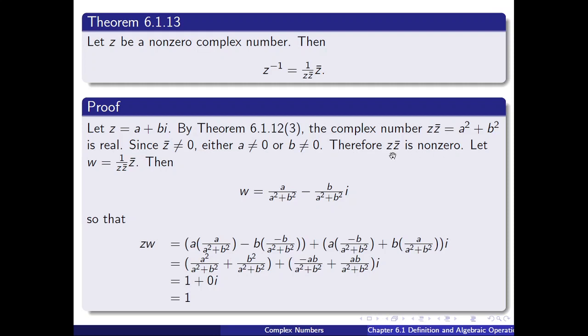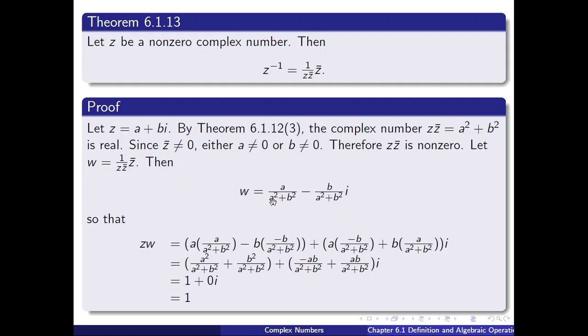So if we take z times its conjugate, which is a squared plus b squared, because one of them is not equal to 0, this value is not going to be equal to 0. So let w be this complex number that we get.